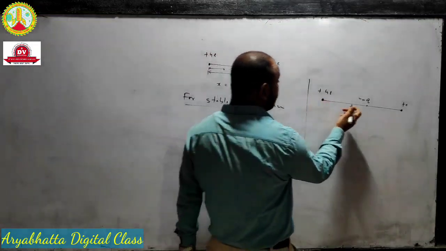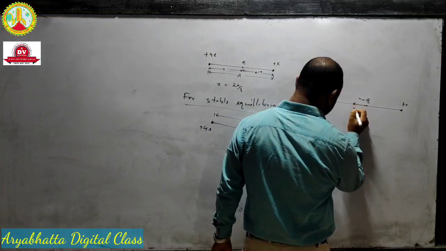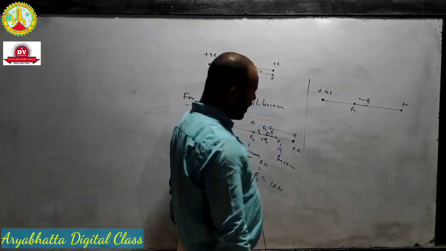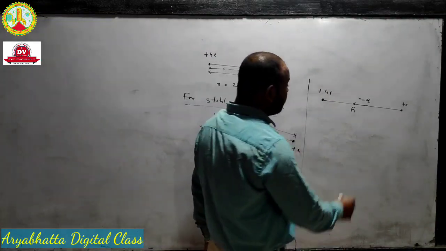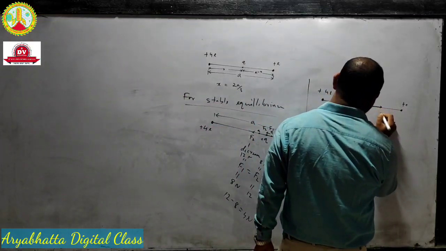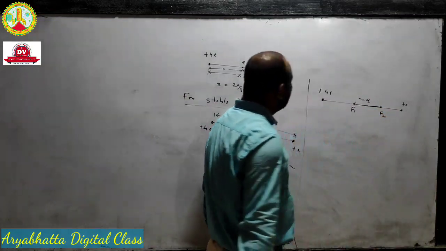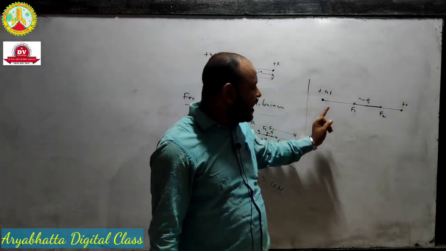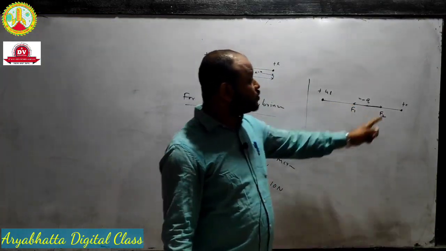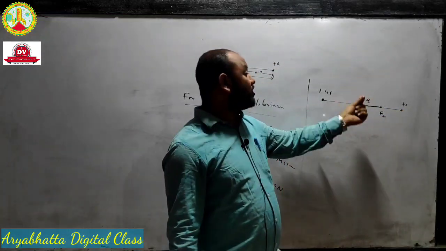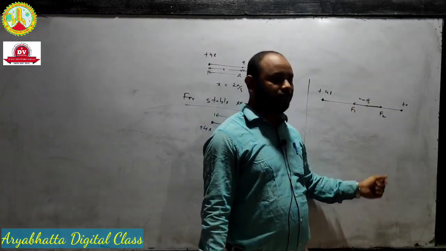This plus 4E will attract minus Q in this direction with a force F1, and plus E will also attract this minus Q in this direction with a force F2.